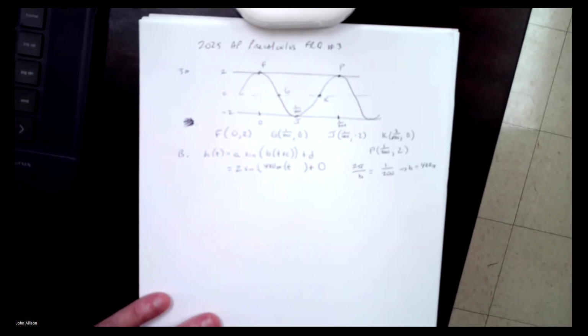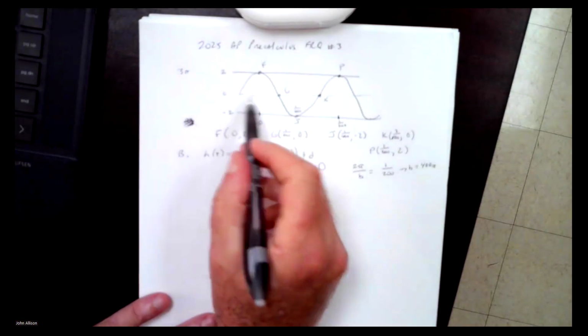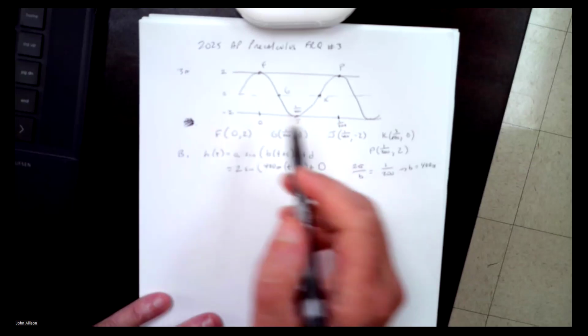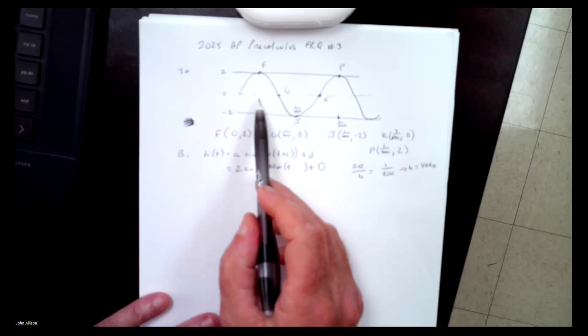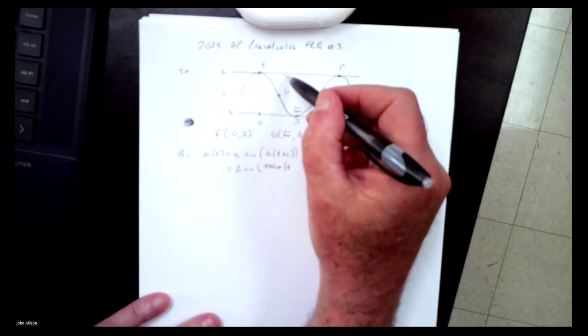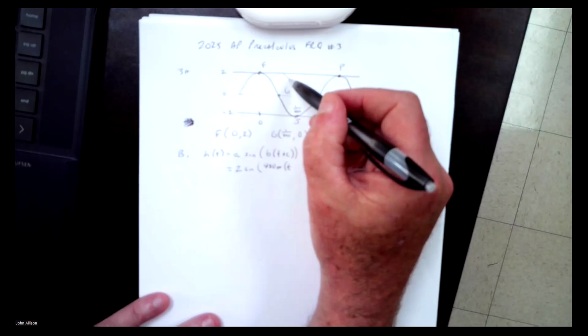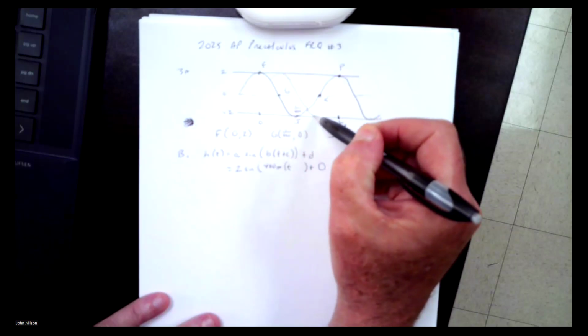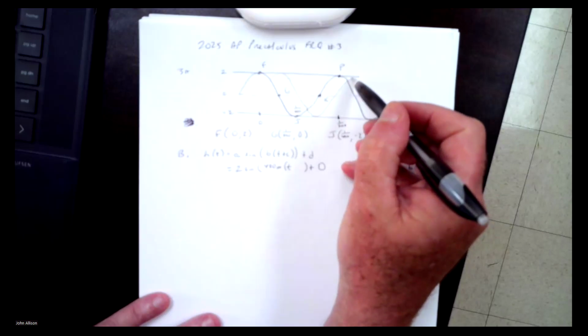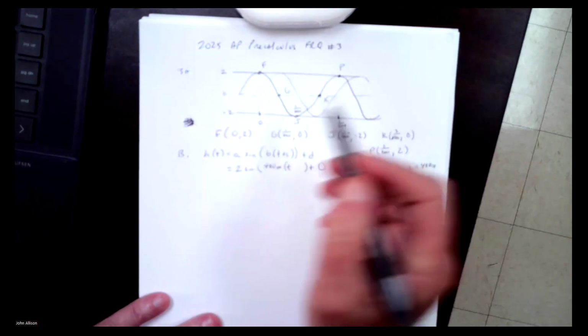Let's see. There was never any indication that the guitar string was a certain height above the ground. Okay. So typically, the sine graph would have started here and gone up, like so.